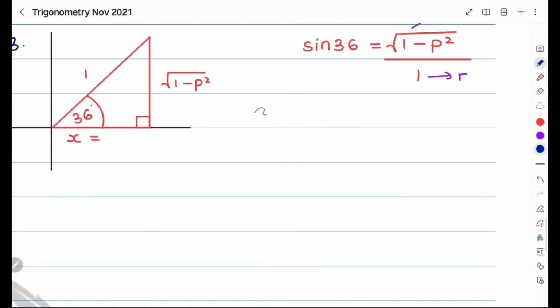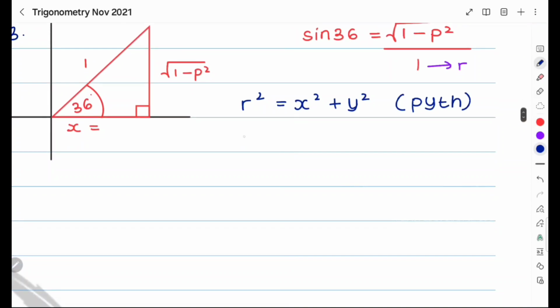So we know that the theorem of Pythagoras is r squared equals x squared plus y squared. Our reason is just Pyth, the theorem of Pythagoras. R is 1 and we can square that. X is unknown, that's what we're looking for.